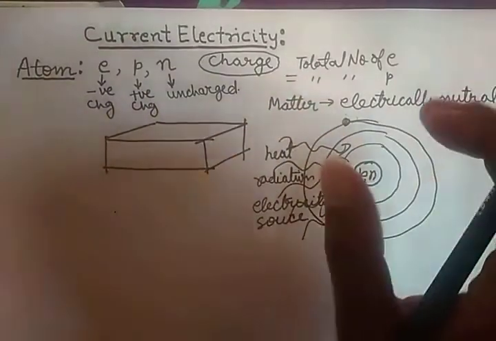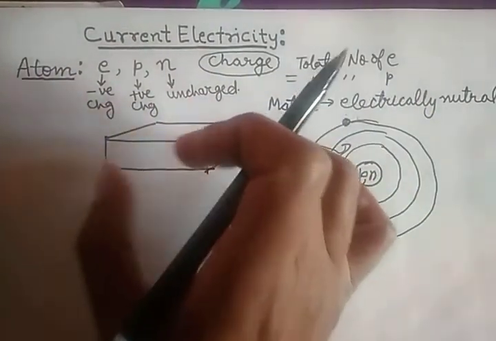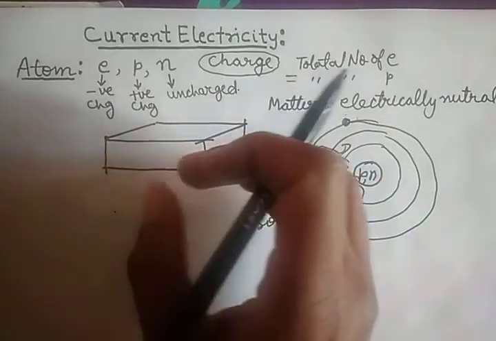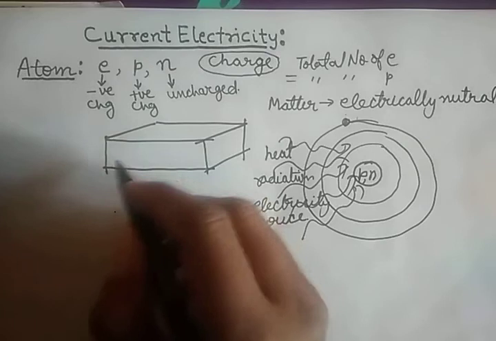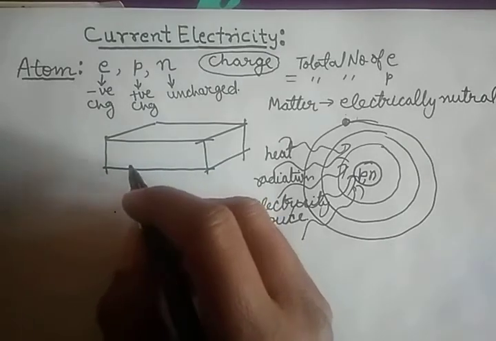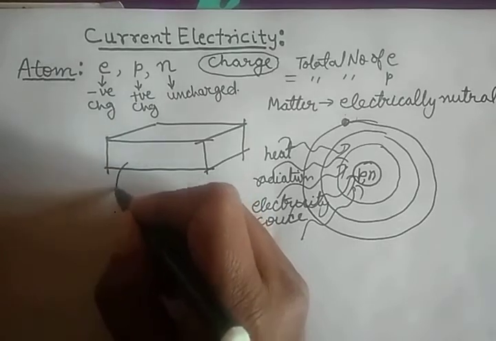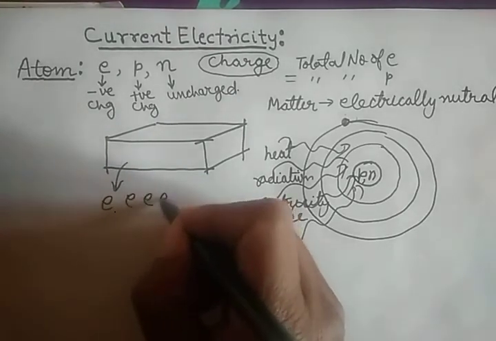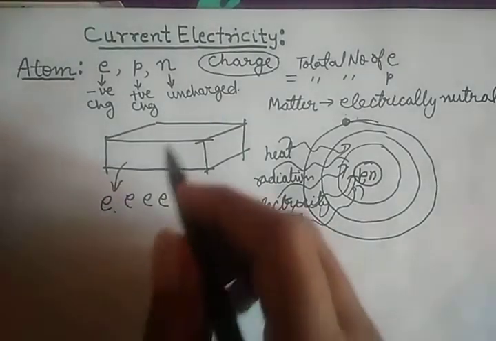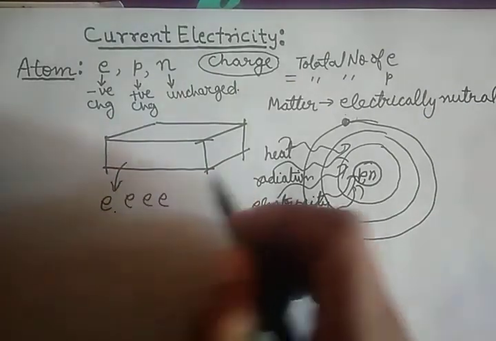Now, instead of talking about this atom, if I talk about this block, and somehow we supply some energy into it, one thing that can happen is that it may lose electrons. And if it has lost electrons, which charge will this metal acquire?